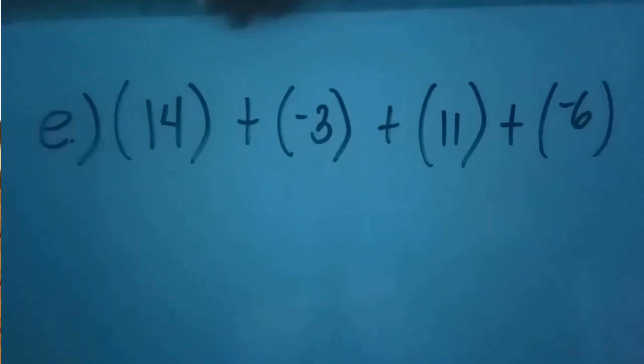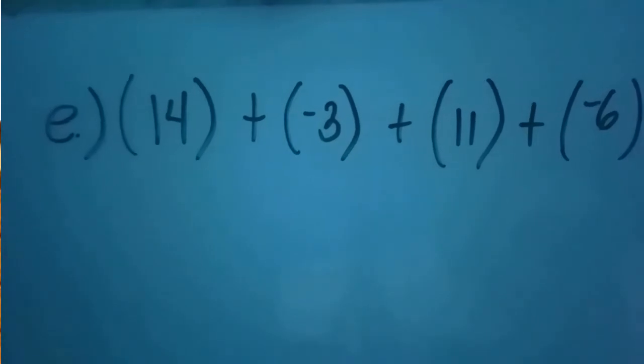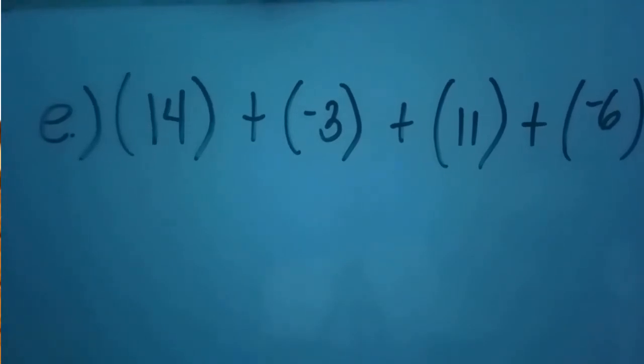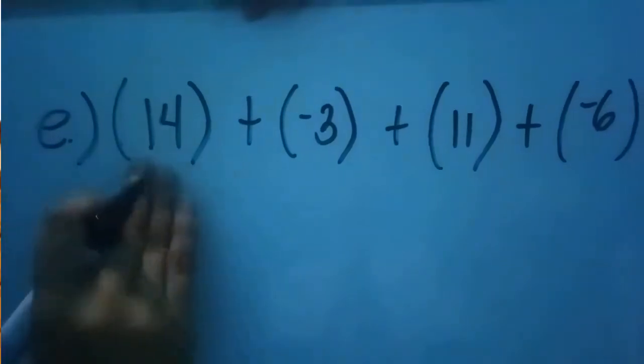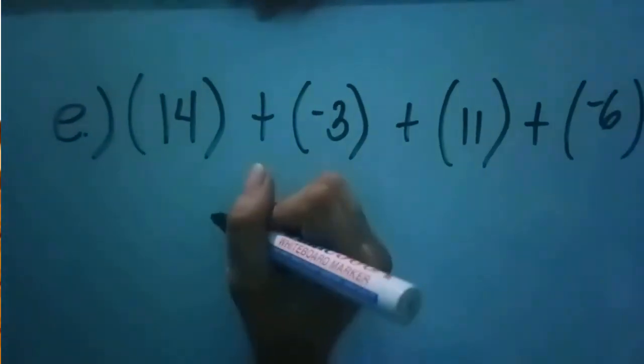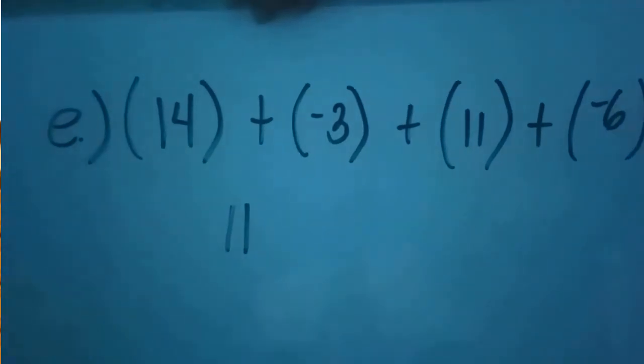Another example, we have positive 14 plus negative 3 plus positive 11 plus negative 6. You can say that 14 and negative 3 are unlike signs. Therefore, we're going to subtract them. So 14 plus negative 3 is 11. Copy the sign of the highest value.